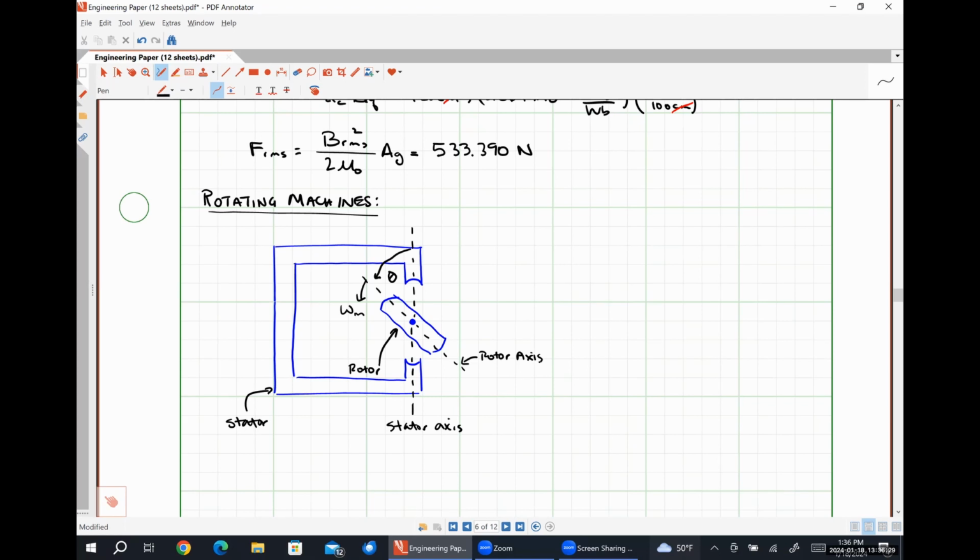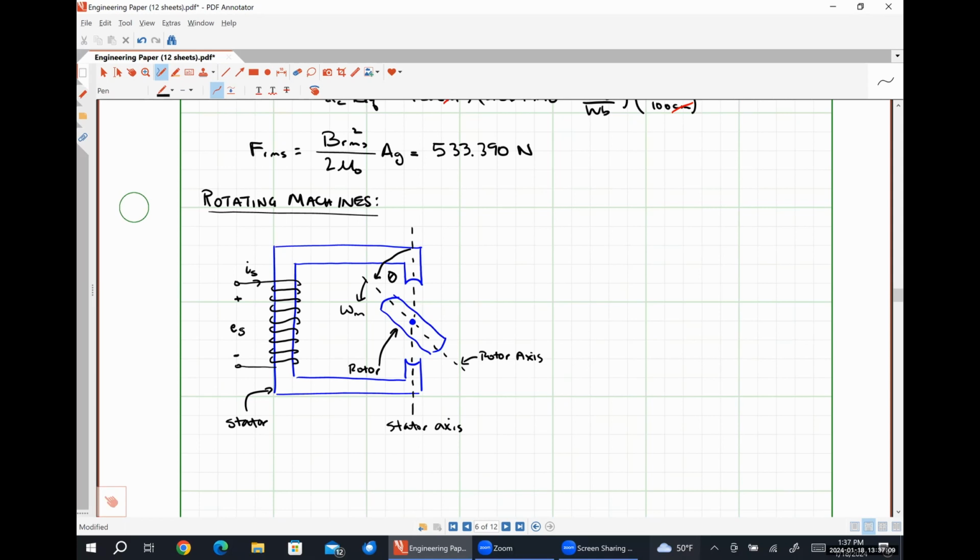Now, this is the physical structure. Now let's put the electrical structure in here, right? So we are going to have a coil on our stator, where we're going to carry some current IS, that is our stator current, and we might also have some stator voltage ES.